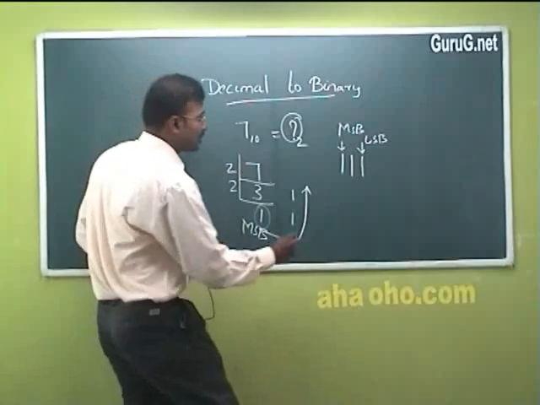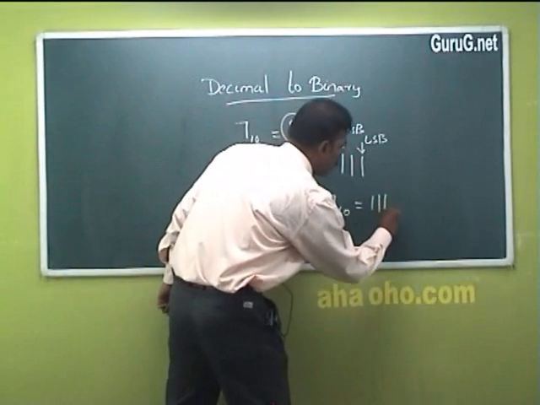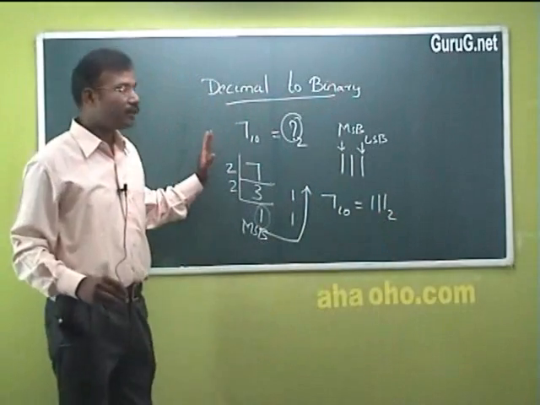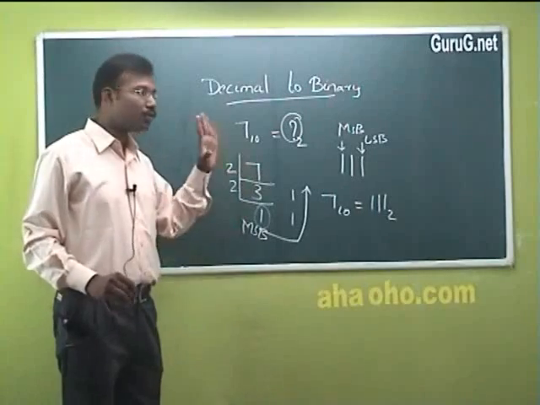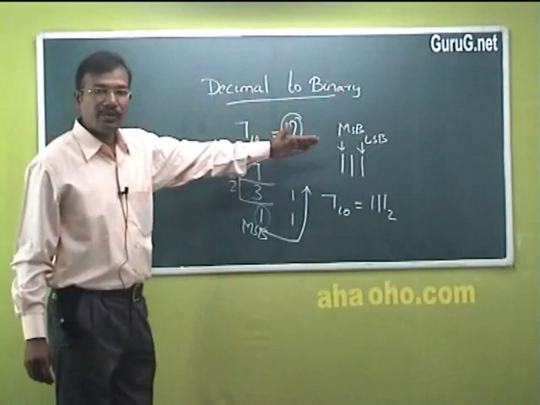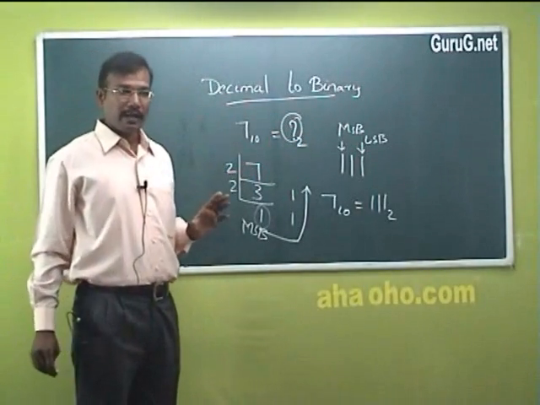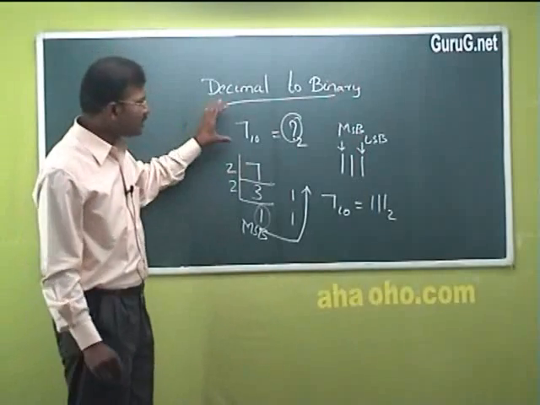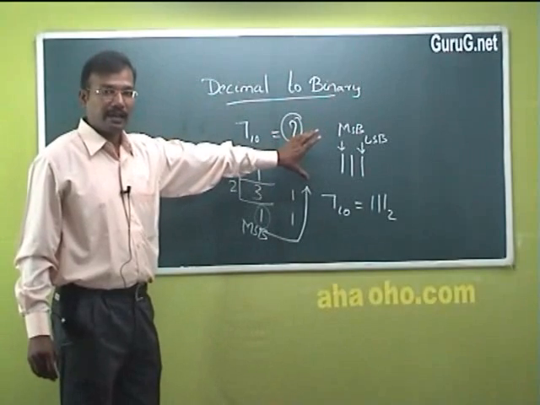So the equivalent for 7 base 10 is 111 base 2. So this is how we need to convert the decimal value to binary. When you know the binary value, it is easy for you to perform any operations with your computer. So all the decimal values will be converted to binary values before performing the calculation.